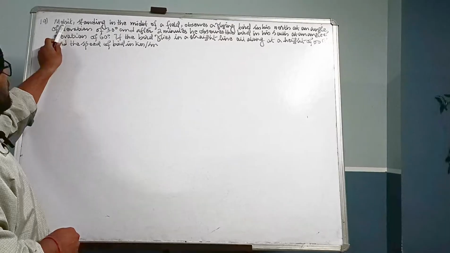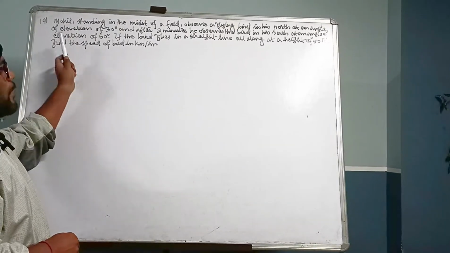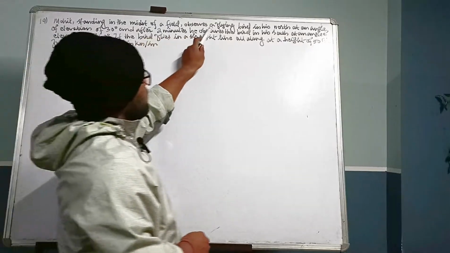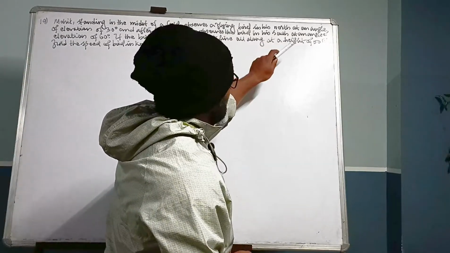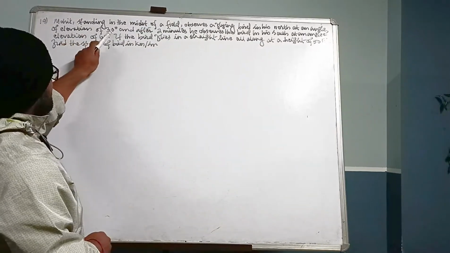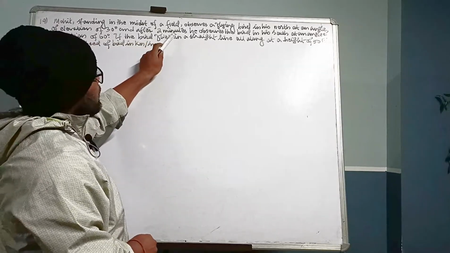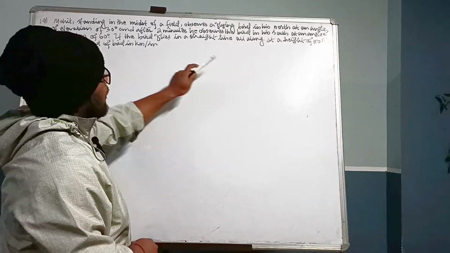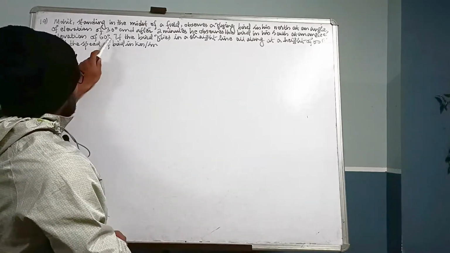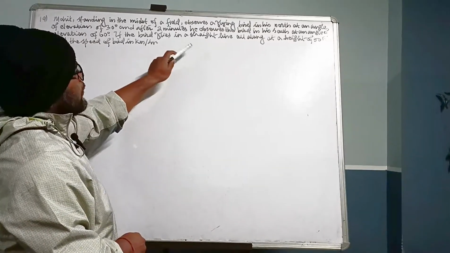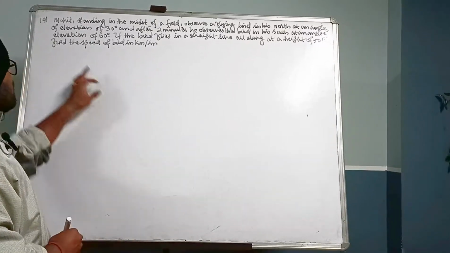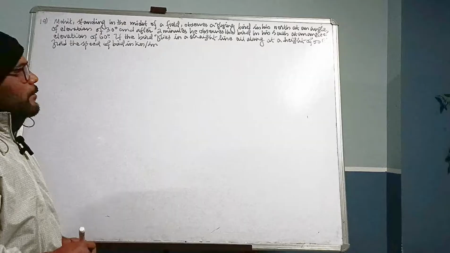In place of Mohit, the question may come as: a man standing in the midst of a field observes a flying bird in his north at an angle of elevation of 30 degree, and after 2 minutes he observes the same bird in his south at an angle of elevation of 60 degree. If the bird flies in a straight line all along at a height of 50 root 3 meter, find the speed of the bird in kilometer per hour.